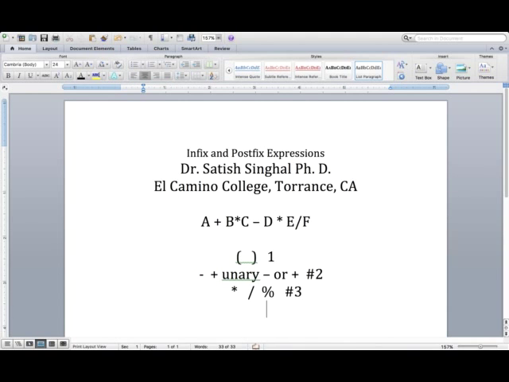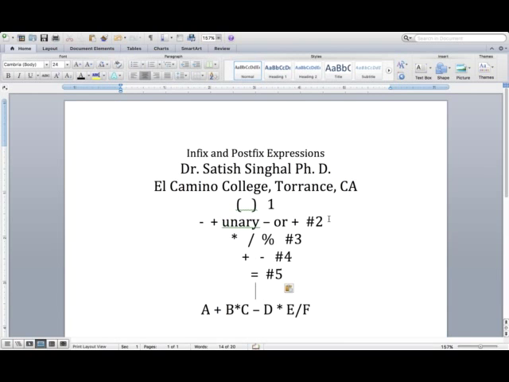And plus and minus is number 4. And of course, your last is your assignment, number 5. So this will be good enough for us for now. All right. So that's our operator precedence. Let me just take all this and put that here, just out of the way.